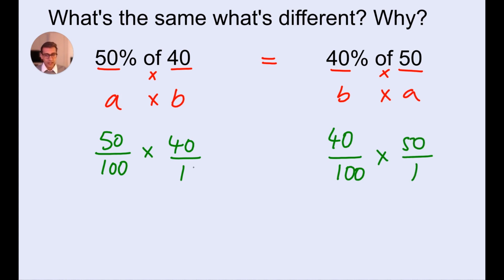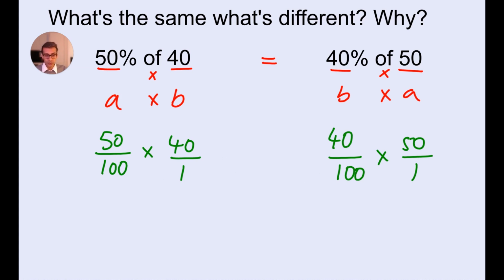Hopefully this should make it clear when we're multiplying fractions. 50 times 40 all over 100, and this is 40 times 50 all over 100. You're going to get the same answer. So if you try this with any other combination, you're going to see this also works.